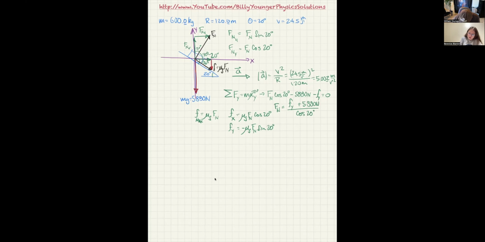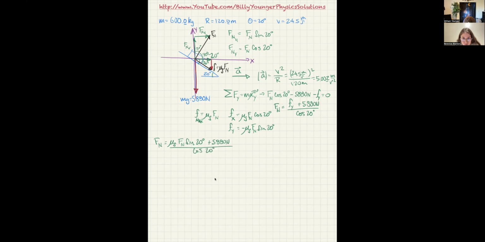I can also, of course, substitute what F sub y is. So Fn could also become F sub y, which we said I've already accounted for being negative, so I'm just going to take the magnitude here. It's going to be mu static times F normal times the sine of 20 degrees plus 5,880 newtons, and then all of that divided by cosine 20 degrees.